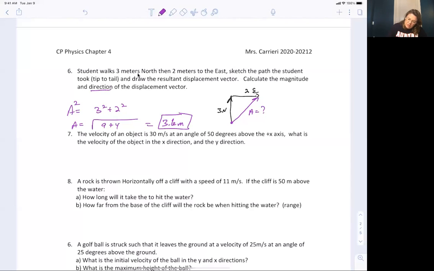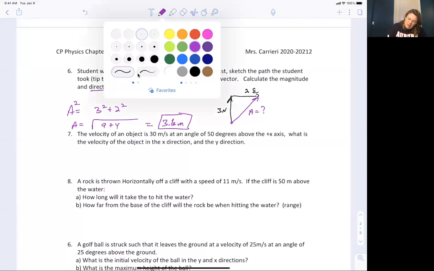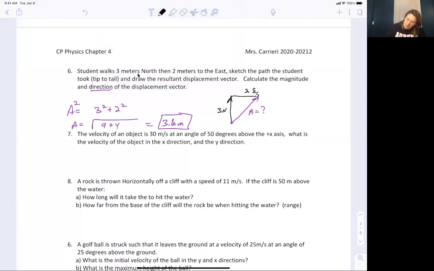It also asks for the direction, okay? So how do I do that? Well, let's imagine this on an XY plane. This is my X, this is my Y. So let's draw that on an XY plane.